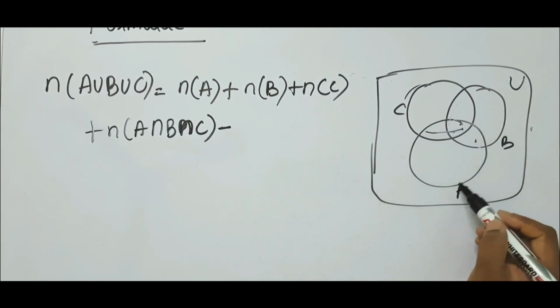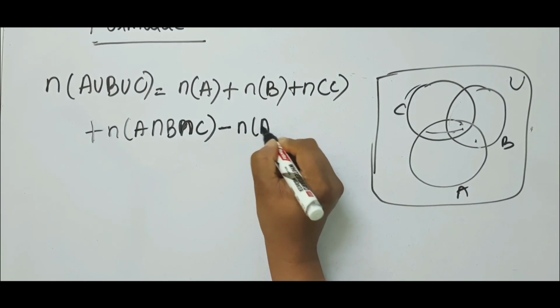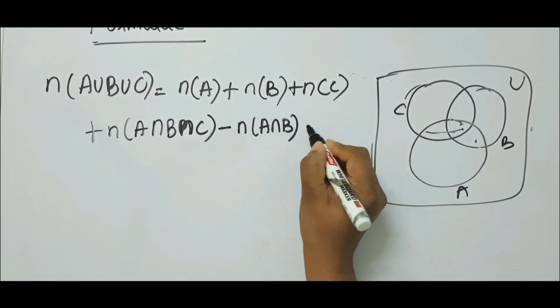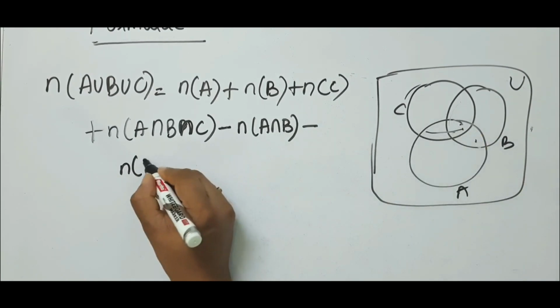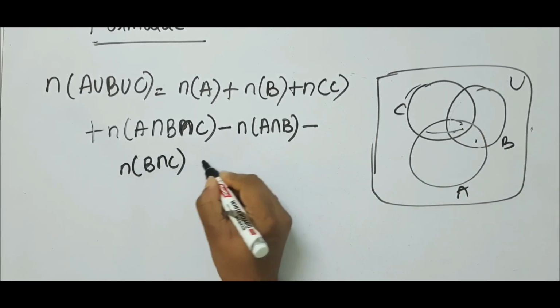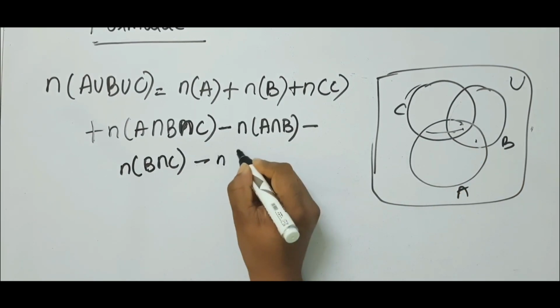So here first we write minus the number of elements of A intersection B. Next minus the number of elements of B intersection C. Next minus the number of elements of C intersection A.